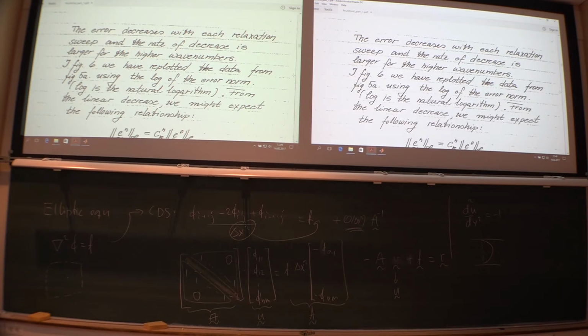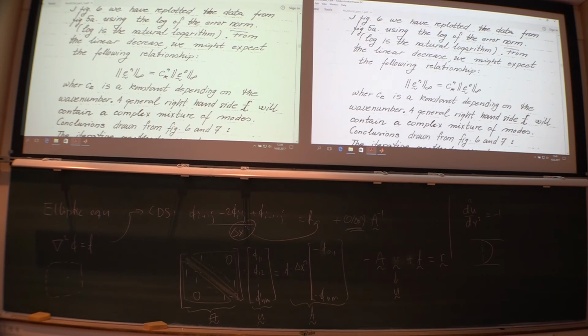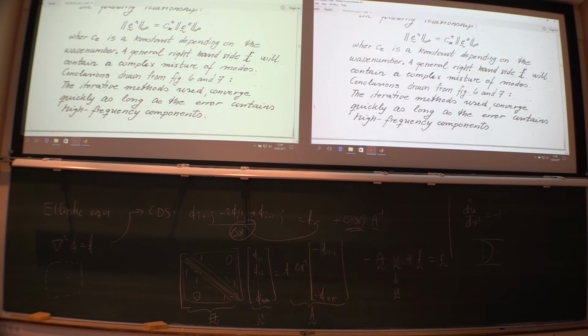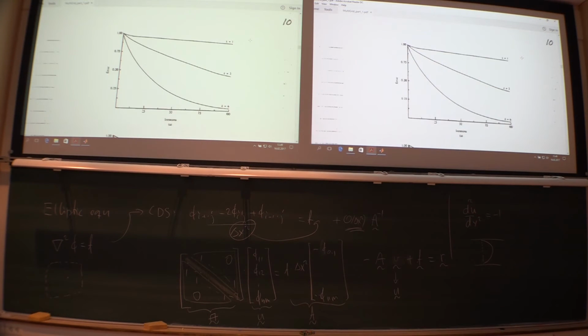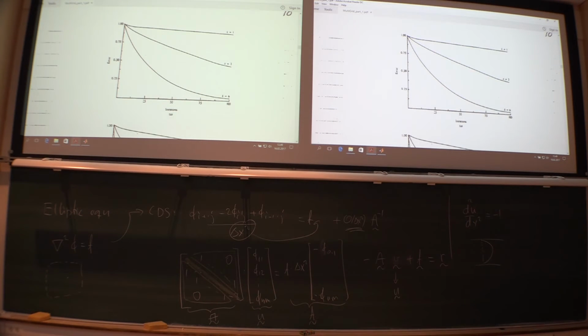Now for every iteration, hopefully the error should be smaller. And now it's a question what frequency, or how will the frequency influence the reduction of the error? So that is quite okay to have a look at. Here you have it.